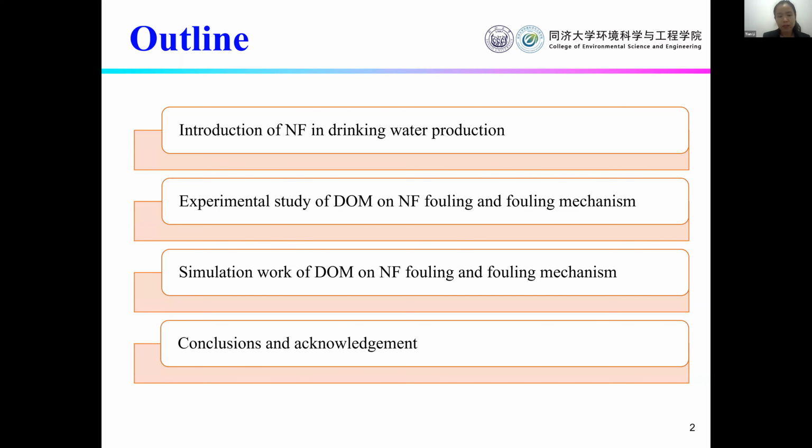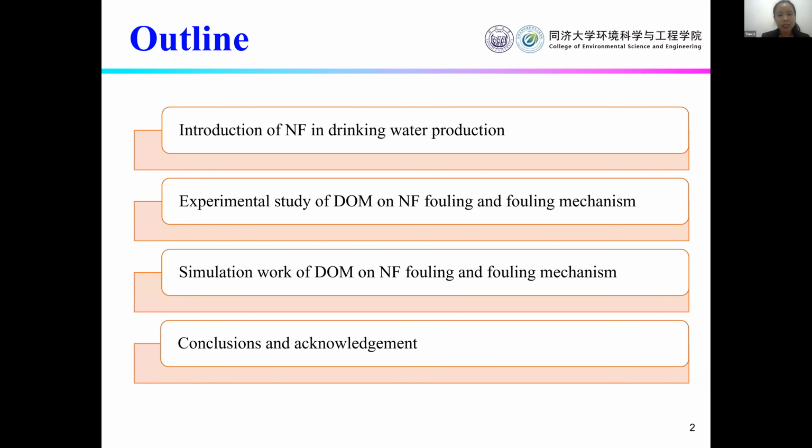We also have done some simulation work of dissolved organic matter on NF fouling and the fouling mechanism. Finally, I will end my presentation with conclusions and acknowledgement.